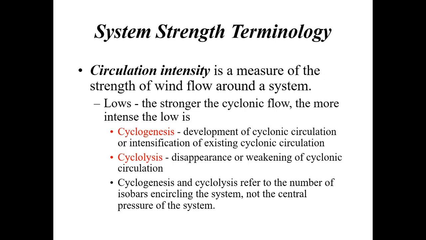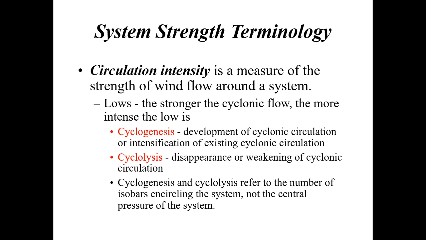And what is circulation intensity? Simply put, it is a measure of the strength of wind flow around a system. With lows, the stronger the cyclonic flow, the more intense that low pressure is. A couple terms we use in conjunction with low pressure systems are cyclogenesis and cyclolysis.